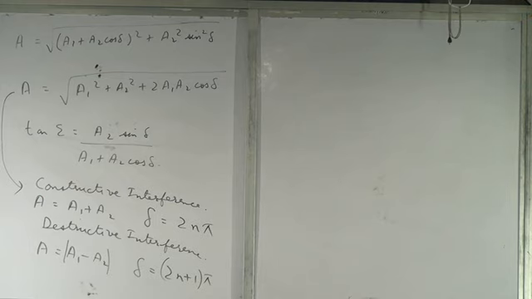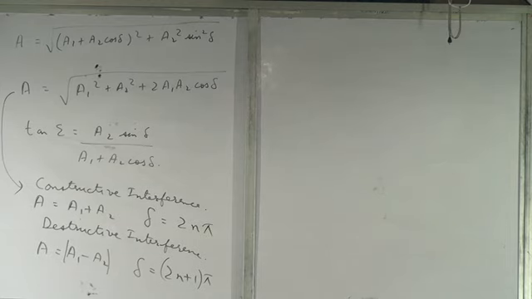Before that, where we have derived the equation of resultant SHM, write that in again with a note. This result is only valid for particles executing SHM with the same frequency.